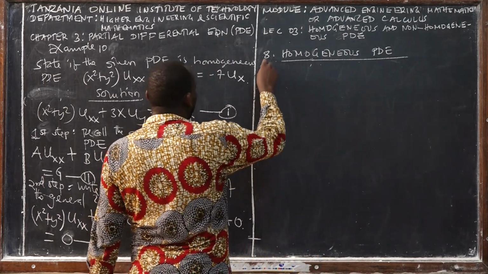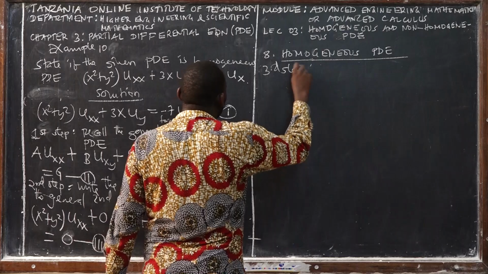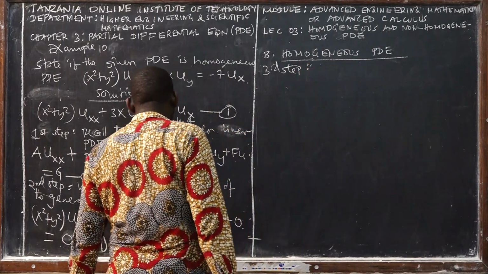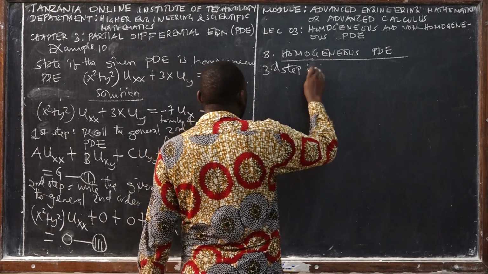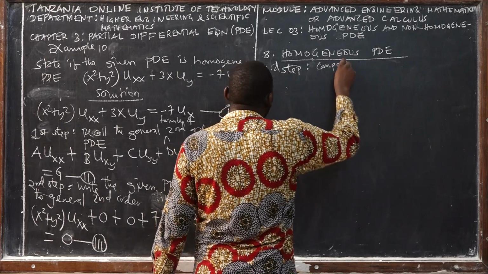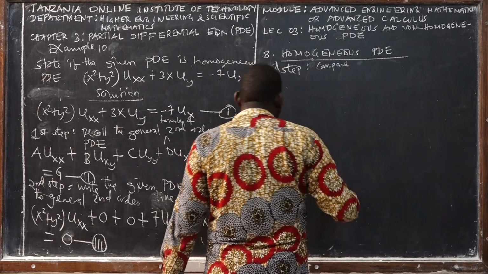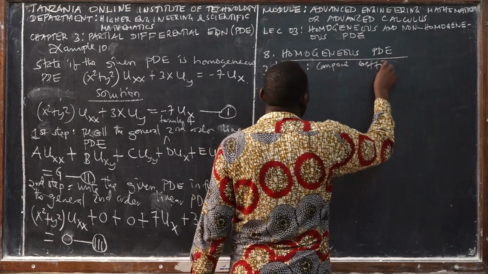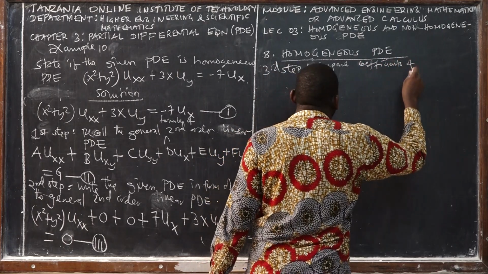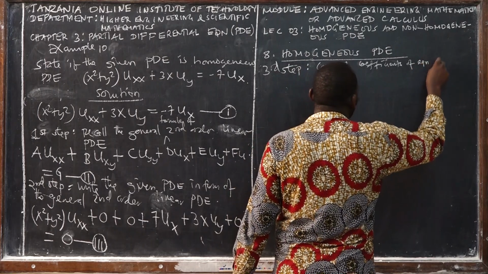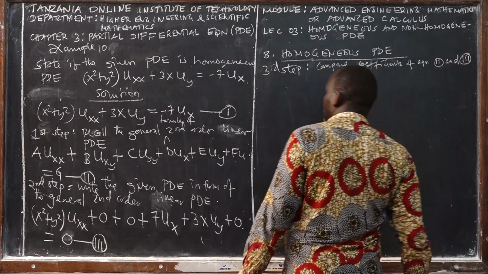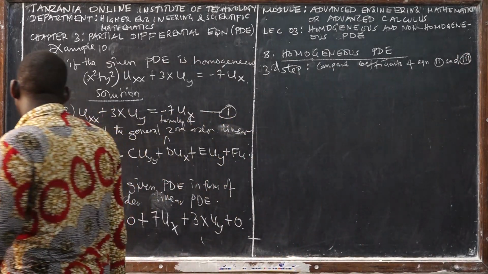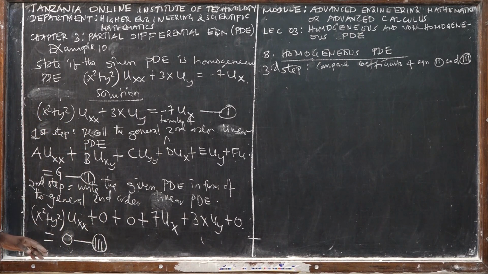So the third step, after writing the given partial differential equation in the general formula of second order partial differential equation, we say that now let us compare the coefficients of equation 2 and equation 3.